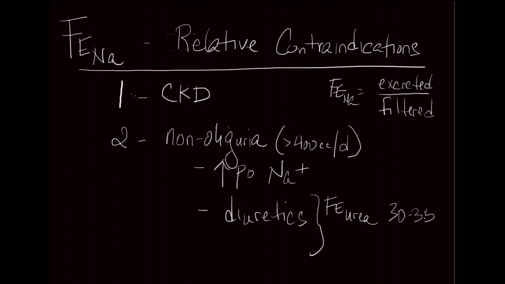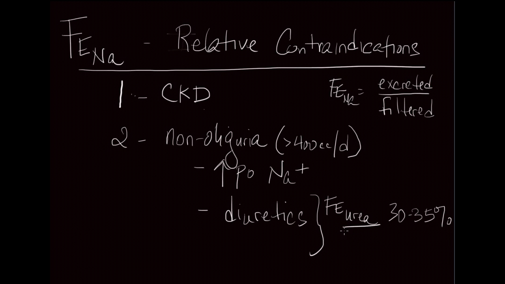Anyone who's above that in the context of acute renal failure that is oliguric, we say has ATN, and anyone that's below the 30%, we say has prerenal azotemia, most likely due to a diuretic. Keep in mind the fractional excretion of urea is also limited by patients who have CKD, because not only do they have difficulty filtering sodium, but they also have difficulty filtering urea.